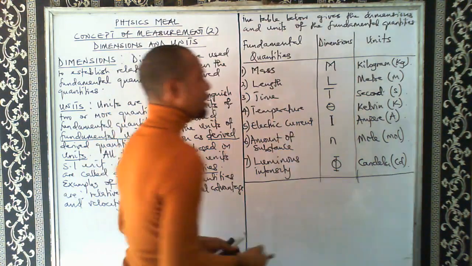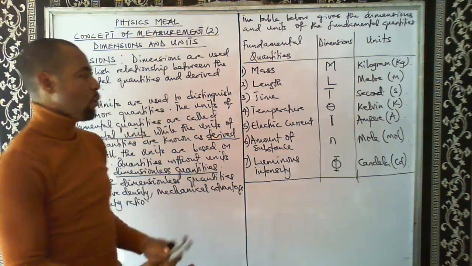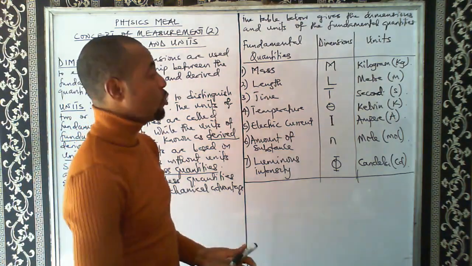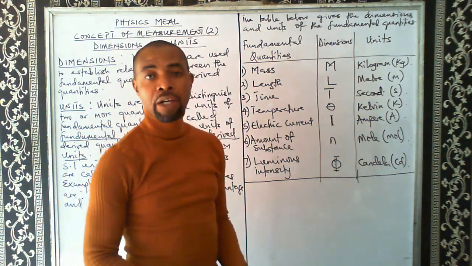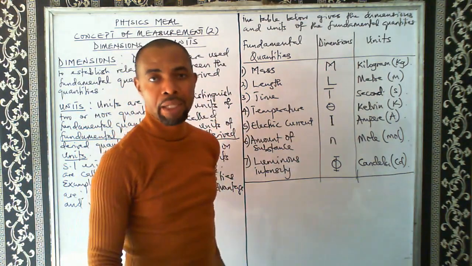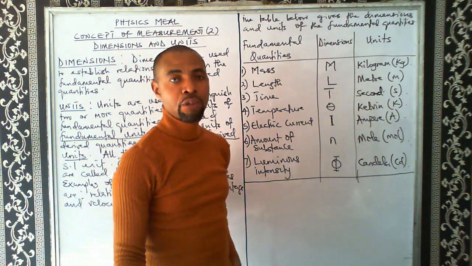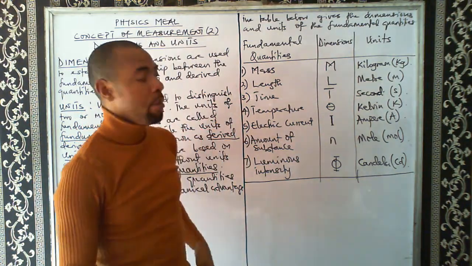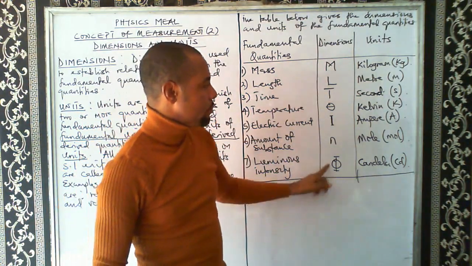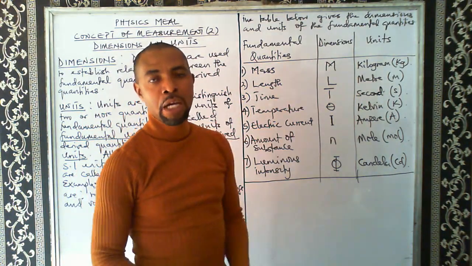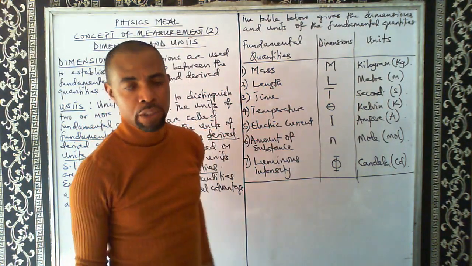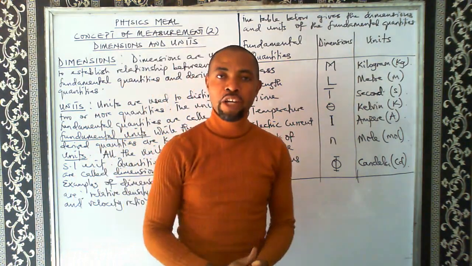These are the dimensions of the fundamental quantities together with their units. Please, these are very, very important for our part three in the concept of measurement, because we'll be using them to derive the dimensions and the units of the derived quantities. Thank you for following us till now.